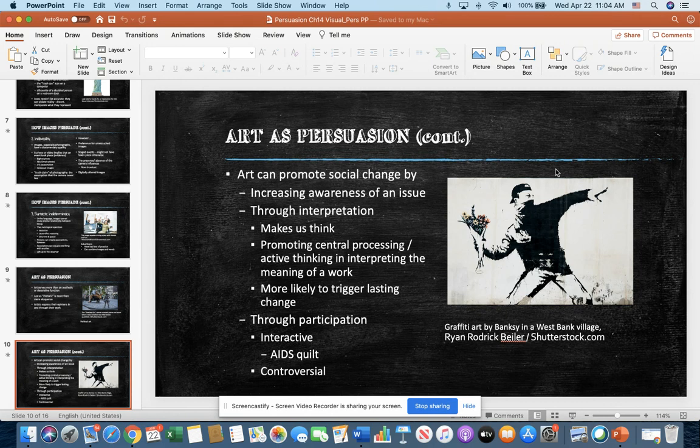But one thing that the AIDS quilt did, and I remember experiencing this and thinking about it and feeling this, is that it brought out the human side, that even if we're all broken, we're all separated from God, only through Christ are we reconciled to him. But we're all still people, and we all have our issues and struggles and shortcomings.